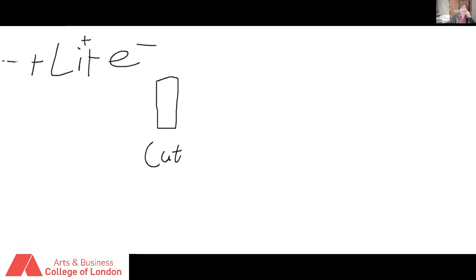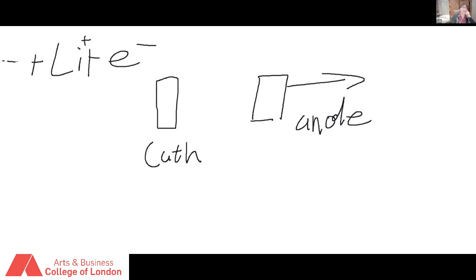I think there would be another kind of anode where another half equation is happening, and it involves the lithium compound being formed again, turned back to pure lithium.